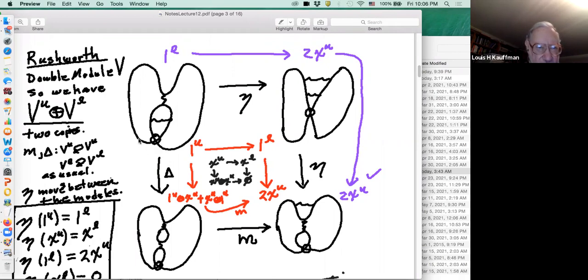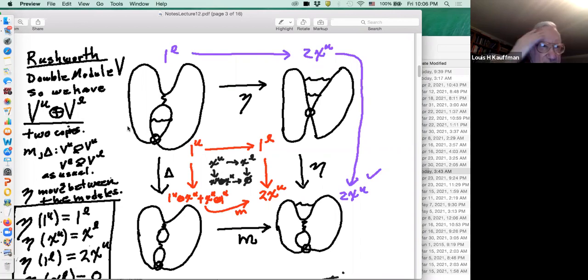So when you look at a state circle, there are really two state circles. Not only are there the ones labeled as before, where there was a state circle labeled by X and a state circle labeled by 1. And those were the generators of the module associated with the state circle.